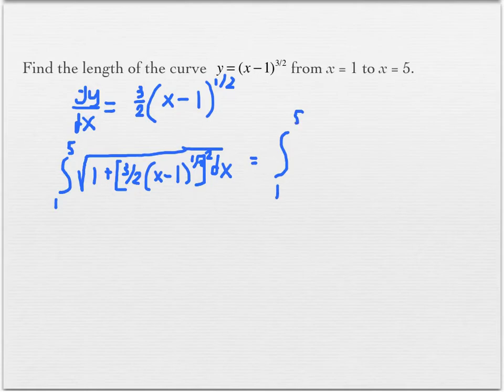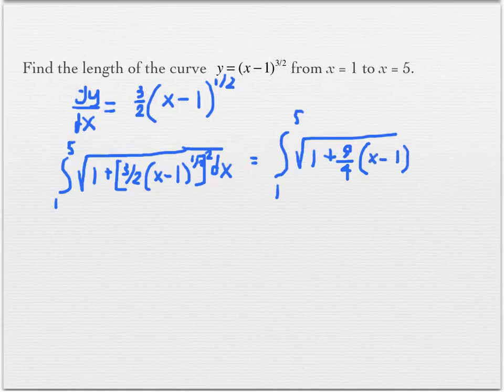So now when I simplify this, it's a little bit better. From 1 to 5, I still have a square root here, but it's really going to end up being 1 plus, now when I square this whole expression right here, I do have to square the 3/2, and then I also have to square this expression. Well, when I square the 3/2, that's going to give me 9/4. When I square this other expression, the 2 and the 1/2, 2 times 1/2 of course is 1, that cancels out.